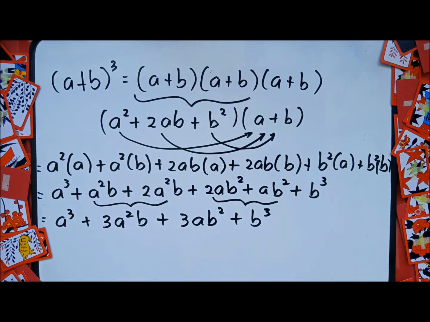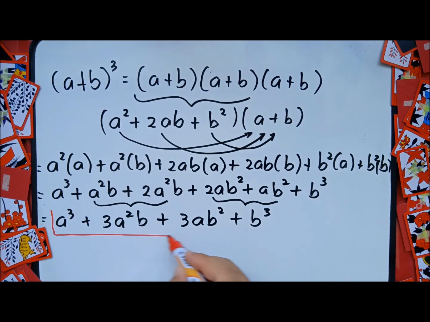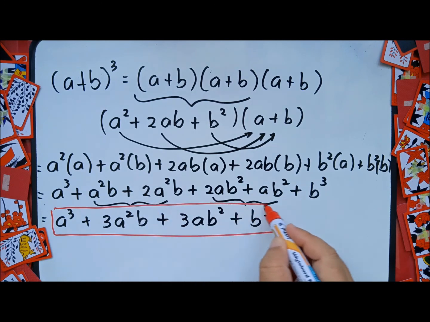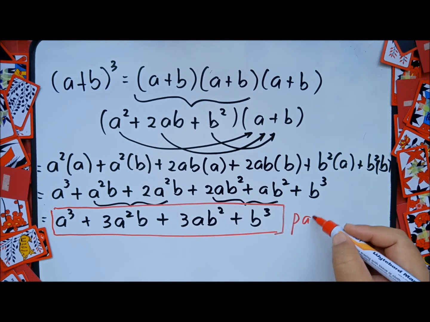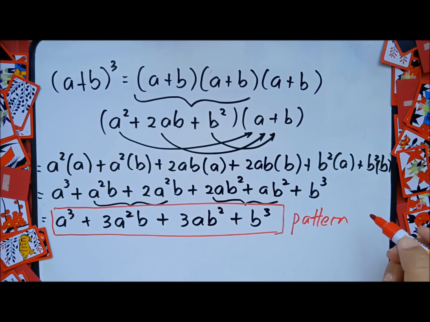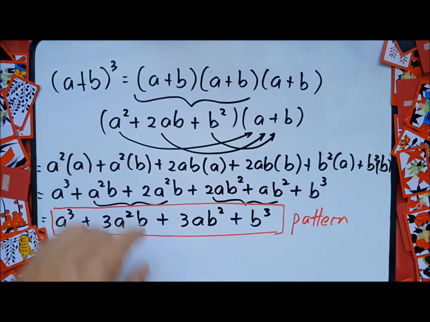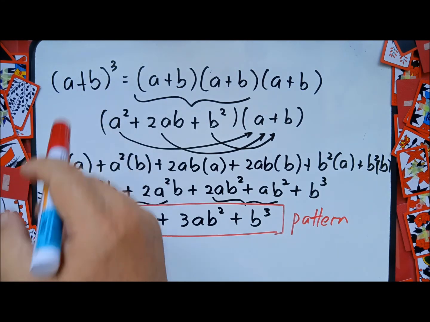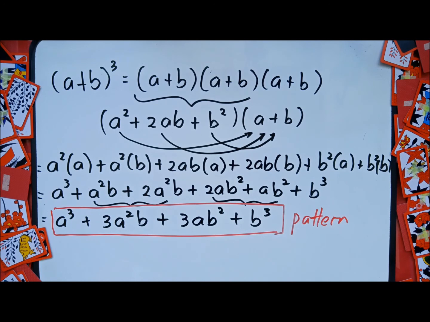So this will be our pattern. If you encounter a binomial raised to the third power or cube, this will be your pattern. You will not undergo this process anymore.